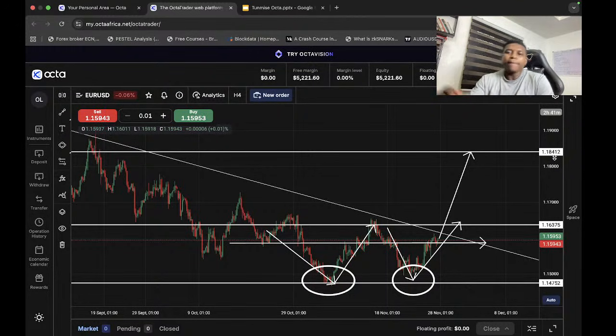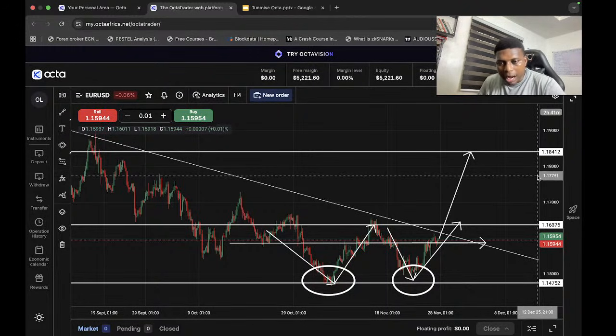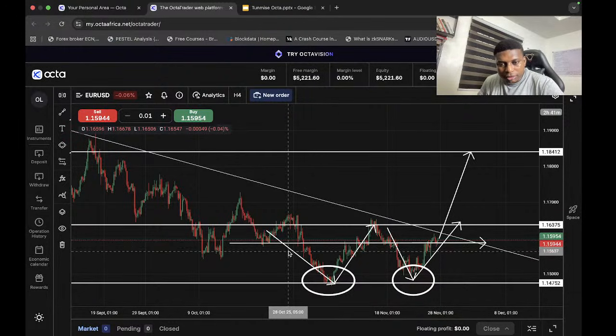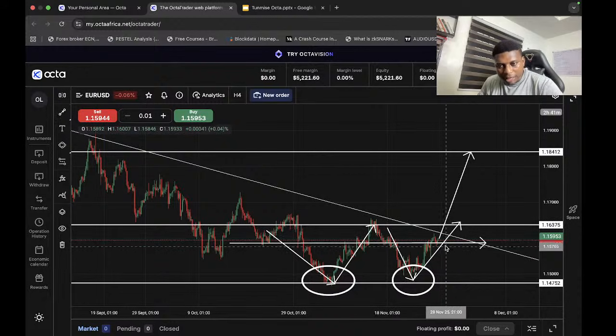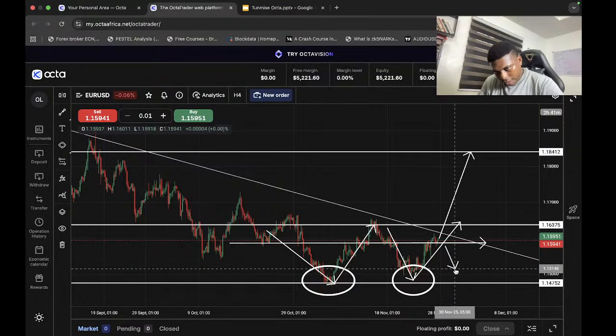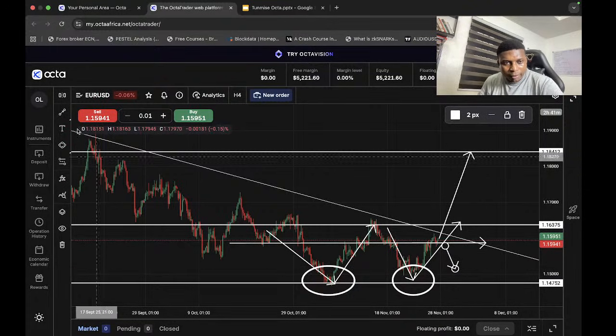1.18412, okay, and our sell stop should be around here.